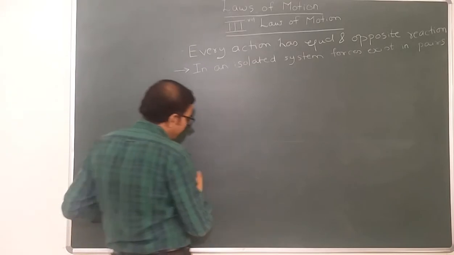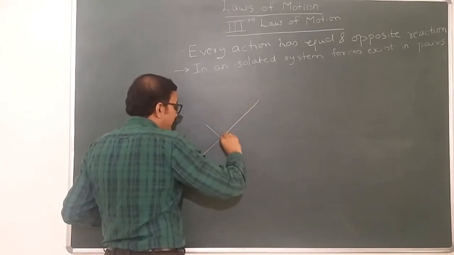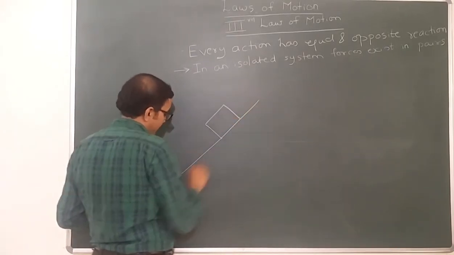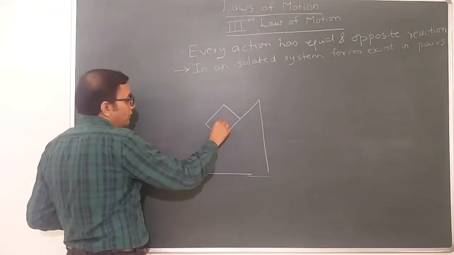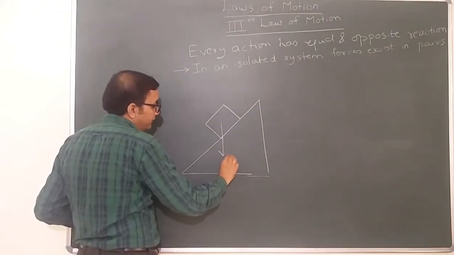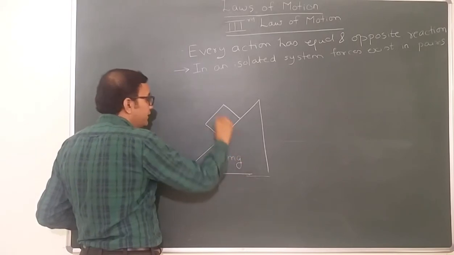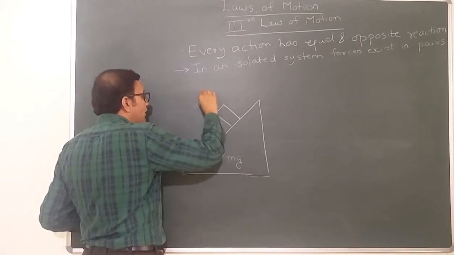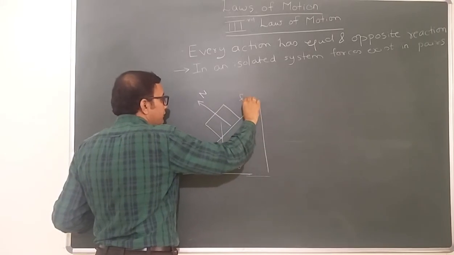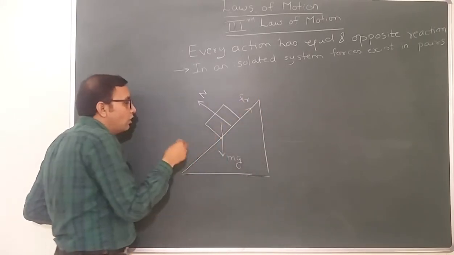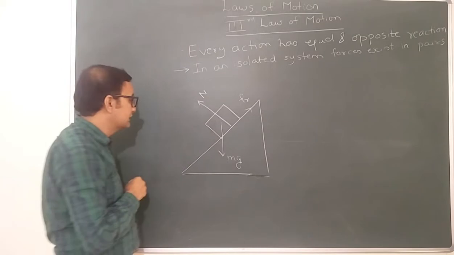Let us take a few more examples. Suppose there is an inclined plane like this. This is mg because of gravitation. This is the normal force. This is friction. I'm talking about the forces on the block.